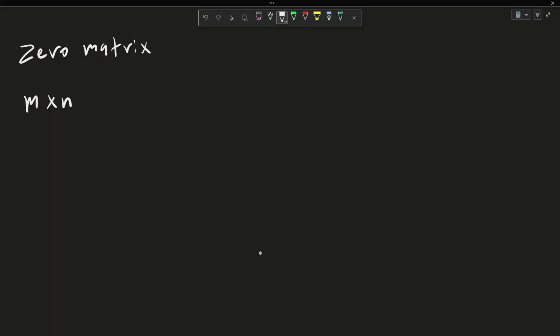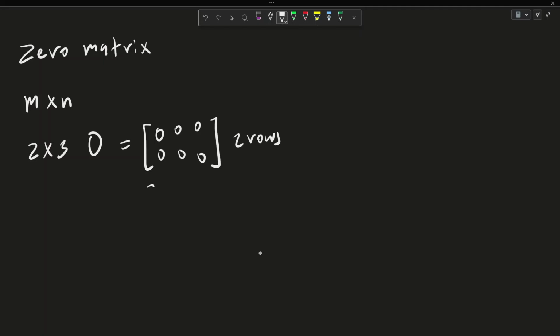So let's take, for example, the 2 by 3 zero matrix. There's only one zero matrix for the 2 by 3 dimensionality. And so we say the 2 by 3 zero matrix is equal to [0, 0, 0; 0, 0, 0]. And that's a matrix where every entry is 0 with 2 rows and 3 columns.